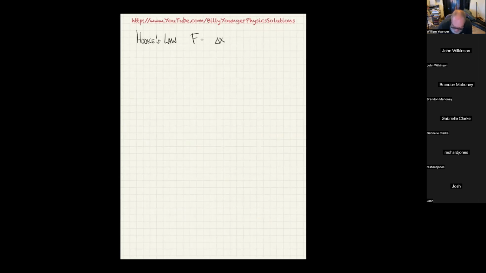And that delta x is directly proportional to the force, but the force is actually in the opposite direction. Meaning if I go from x equals 0 to x equals 3 centimeters, then delta x would be 3 centimeters minus 0, which is a positive direction, but the force will be in a negative direction because that's what springs do, or that's what metals do.